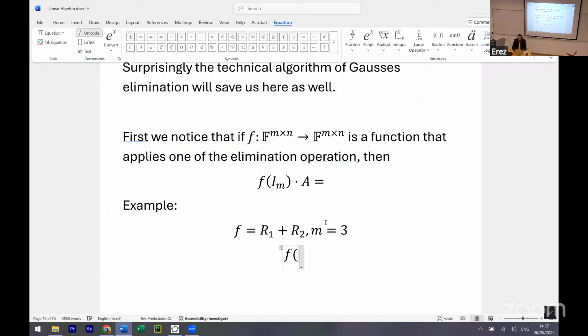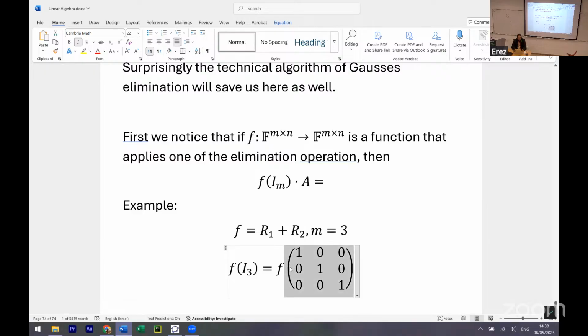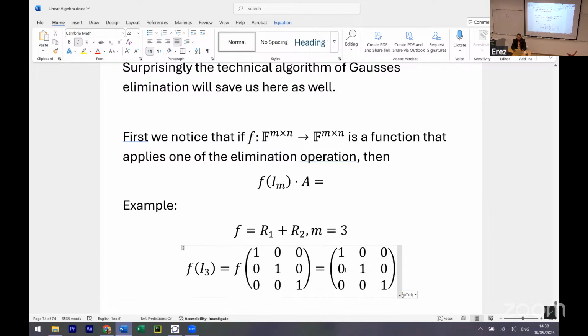What is F of I3? I'll take the original identity matrix, 1, 0, 0, 0, 1, 0, 0, 0, 1, but I apply to it the operation that Thomas chose, just for an example, add row 2 to row 1.